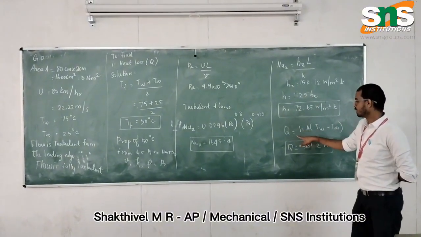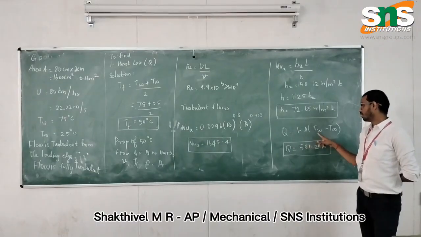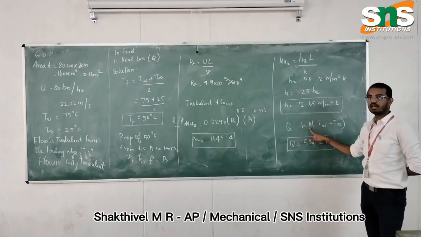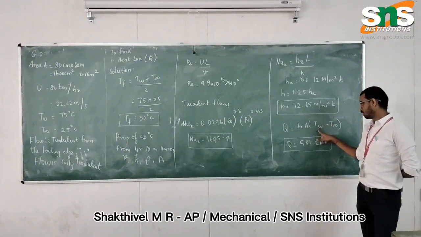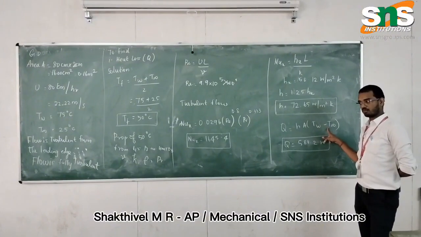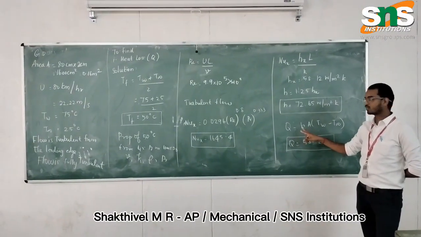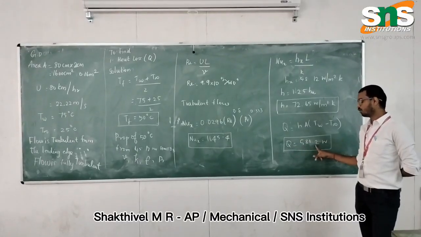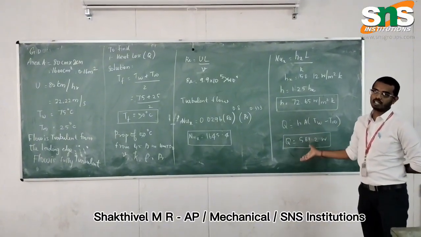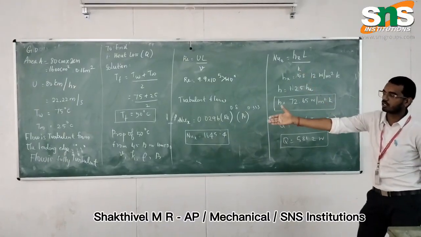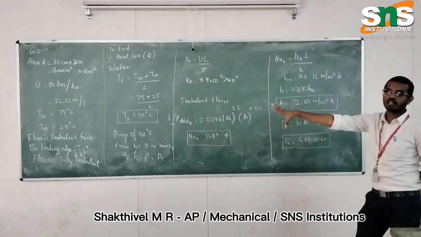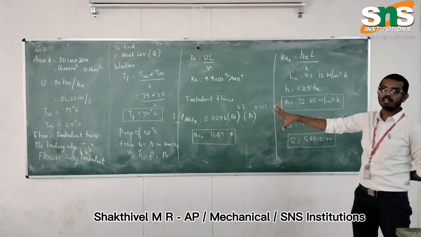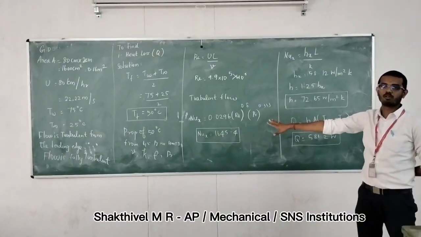Then by using Q is equal to h A into T W minus T infinity, that is overall heat transfer coefficient, area, surface temperature and surrounding air temperature, we substitute all the values and we get 581.2 watts. So this much heat is lost from the crankcase. The flow is fully turbulent, and this is the example for the fully turbulent flow. Thank you.